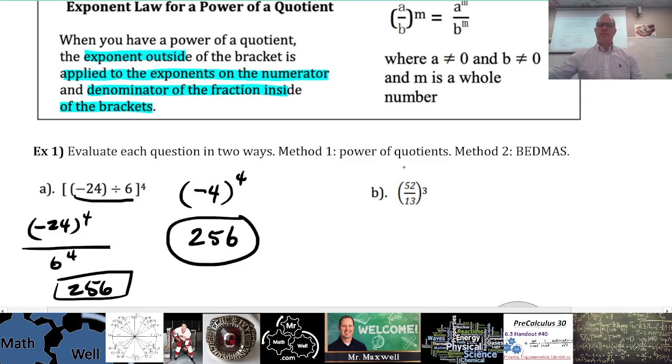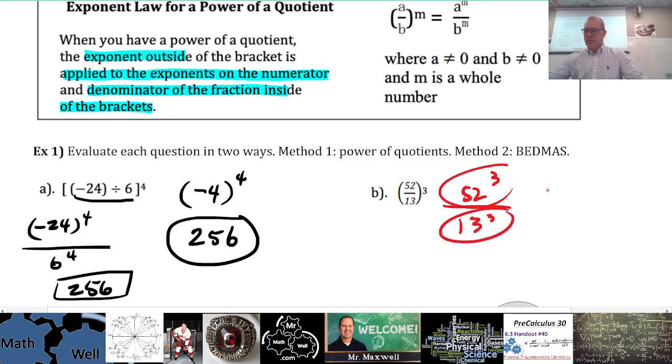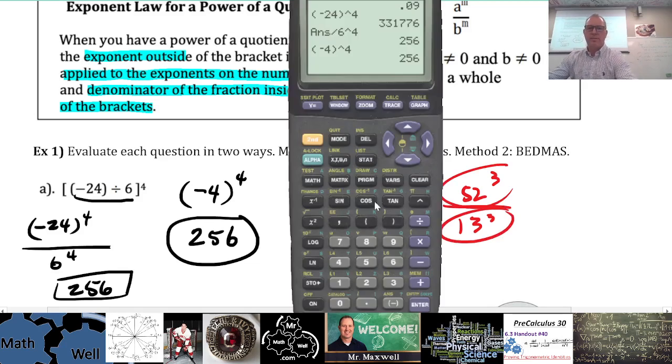Same thing, okay? Good, over here, let's just use our rule, 52 to the power of 3 over 13 to the power of 3. Got it? That's it, distribute it, solve for this, divided by this number, and what do we get? 52 to the power of 3 divided by 13 to the power of 3. 64.